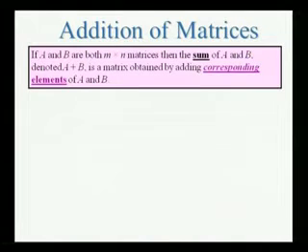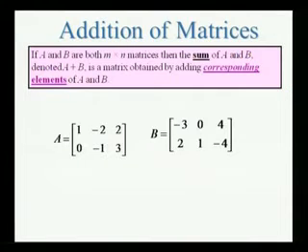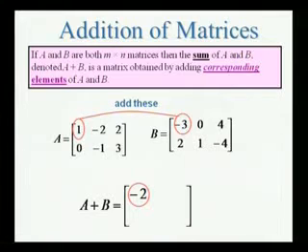Adding matrices A and B is possible when the number of rows and the number of columns are equal in matrices A and B, and to add both matrices, we need to add the corresponding elements of A and B. So here, if we look at one example, where matrix A is 1, minus 2, 2, 0, minus 1, 3 and matrix B is minus 3, 0, 4, 2, 1, minus 4, then for A plus B, we need to add 1 with minus 3, which are corresponding elements. So 1 minus 3 is equal to minus 2.